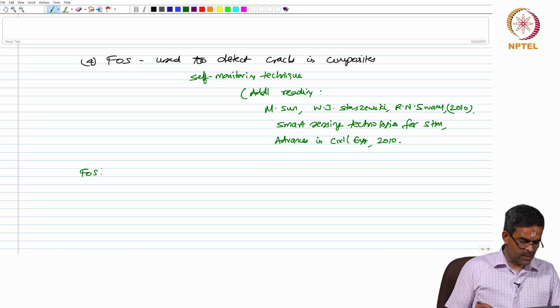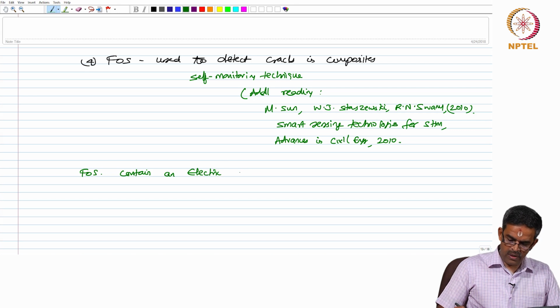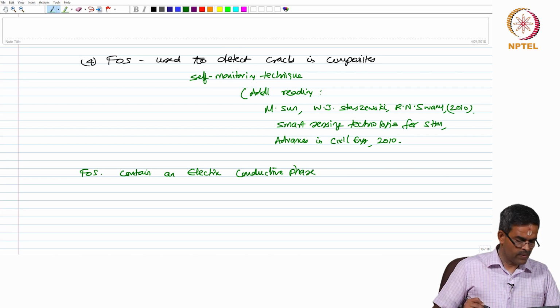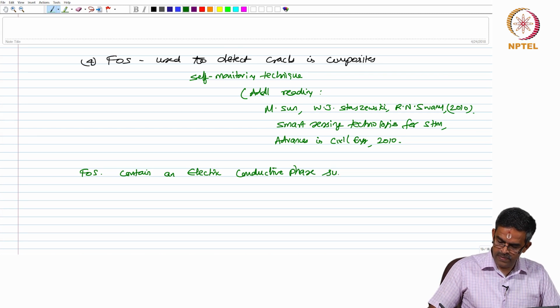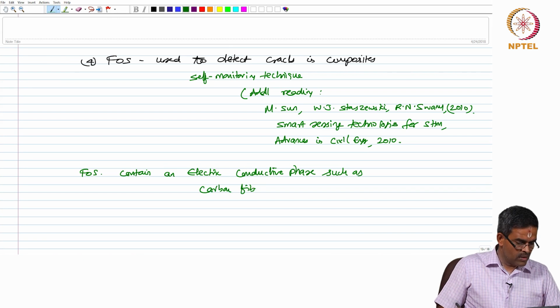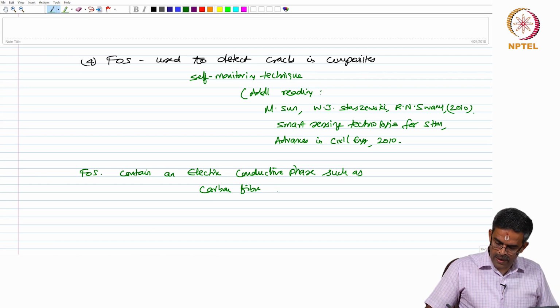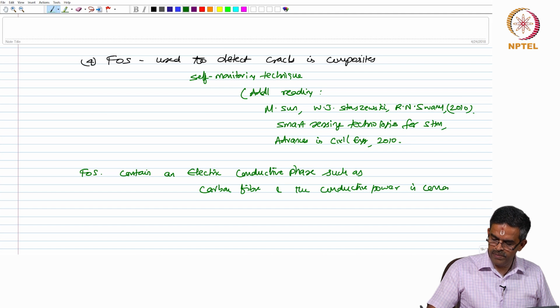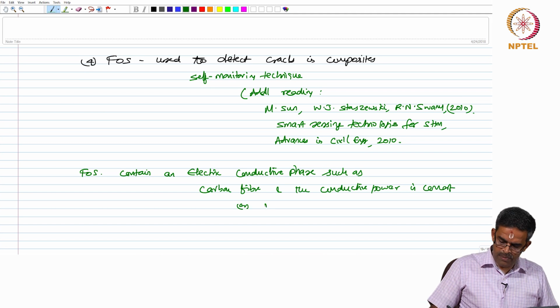These fiber optic sensors contain an electrically conductive phase such as carbon fiber and the conductive powder in cement or polymeric mix.